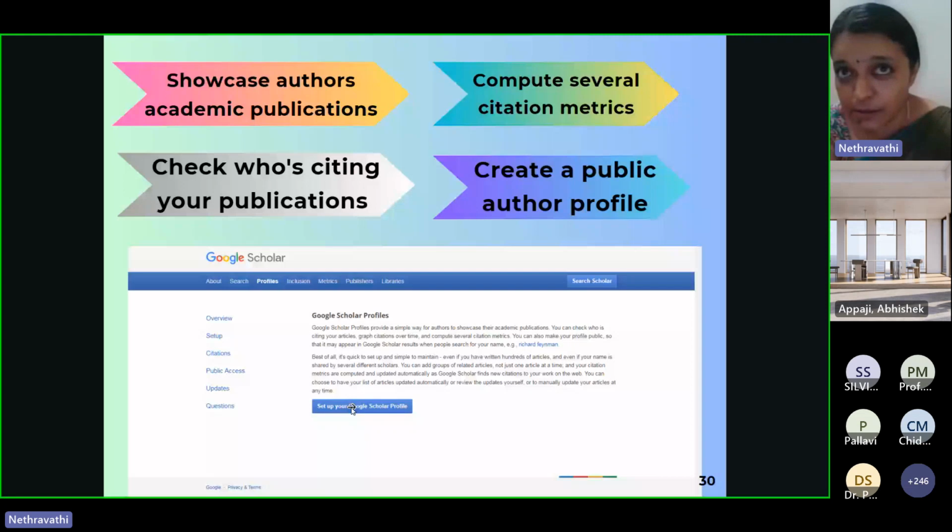But the important thing you have to know with respect to Google Scholar is the major disadvantage: you can even add somebody else's paper as your paper, because it has an option for manual addition.